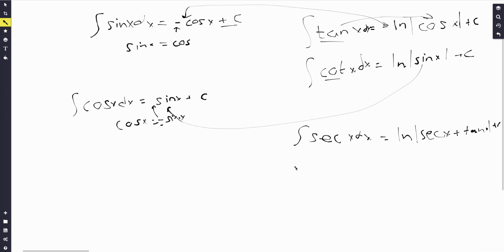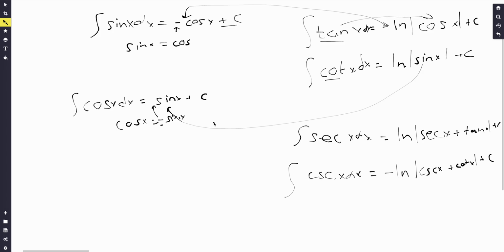And then the next one would be the integral of cosecant x dx is equal to negative natural log of cosecant x plus cotangent x plus c.